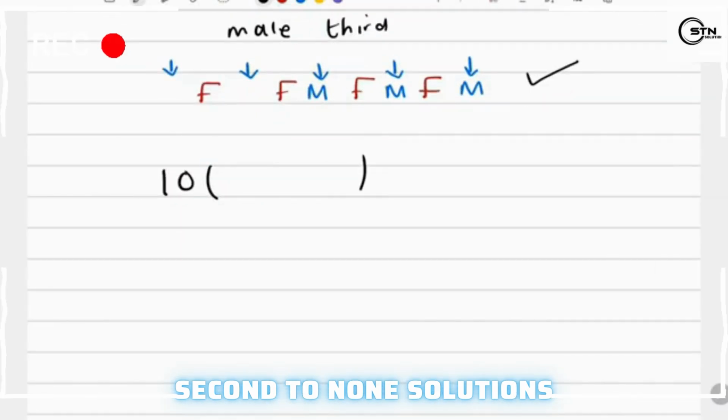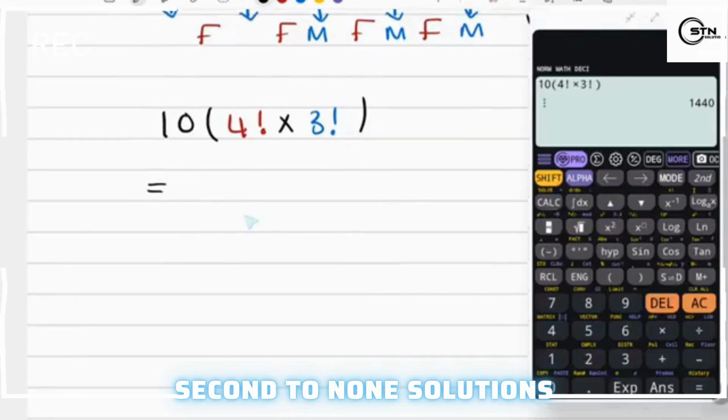So 10 multiplied by 4 factorial times 3 factorial. And that's going to be our answer. So let's go ahead and calculate that. Okay, and the answer that I get there is 1,440 ways that they can be seated.